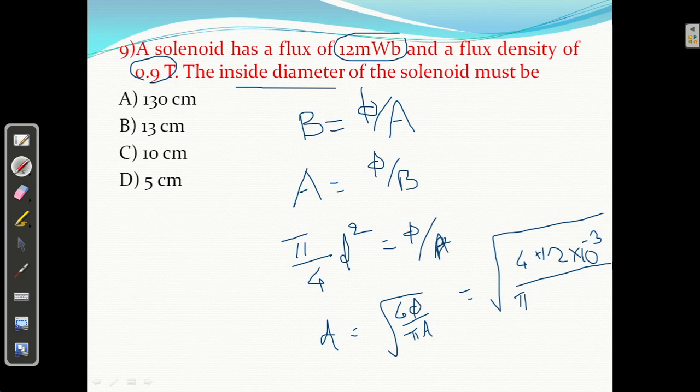Sorry, area equals phi upon B. So d equals under root of 4 phi upon pi B. What is the value of B?